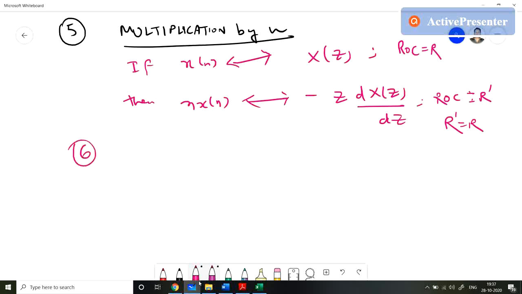Next property is called the accumulation property.